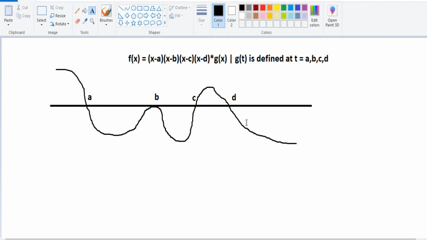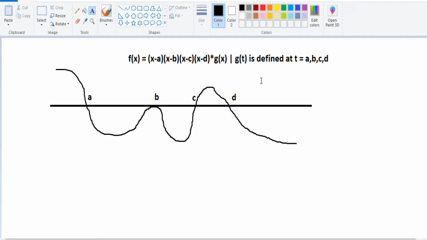Of course, it's terrible and really it's way too bumpy to actually be a simple polynomial, but imagine it was a bit smoother. If this was the curve f of x, then you could write f of x as (x minus a) times (x minus b) times (x minus c) times (x minus d) times g of x, where g is another function.